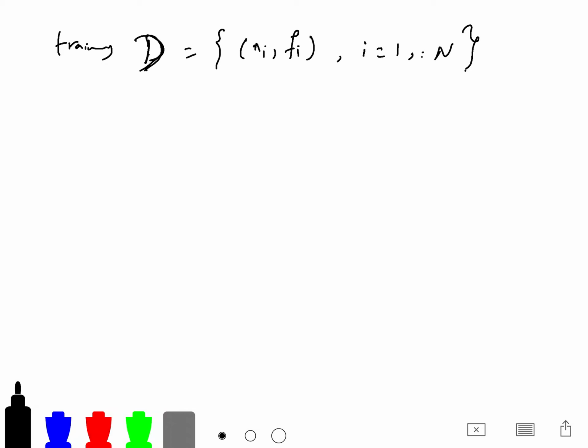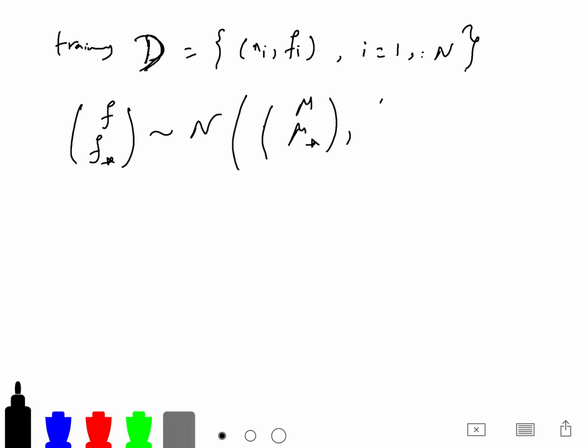So the joint distribution has the form: f star is drawn from a normal distribution with mean mu and mu star, and the covariance is K, K star, K star transpose, K star star.